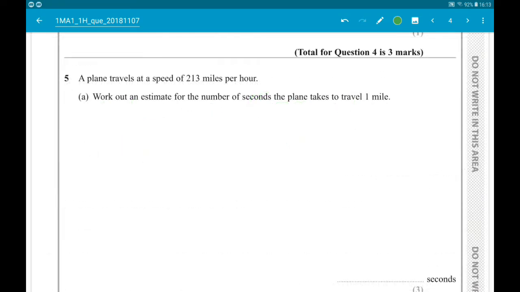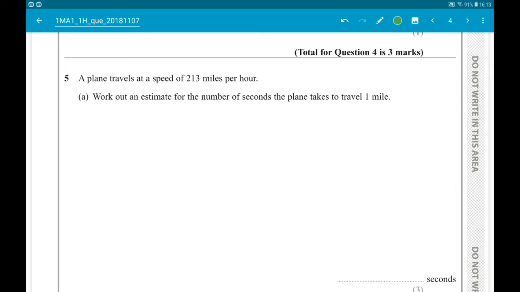Okay, number 5. A plane travels at a speed of 213 miles per hour and we have to work out an estimate for the number of seconds the plane takes to travel 1 mile. Okay, so given that this is a non-calculator paper, we're going to need to use approximation.